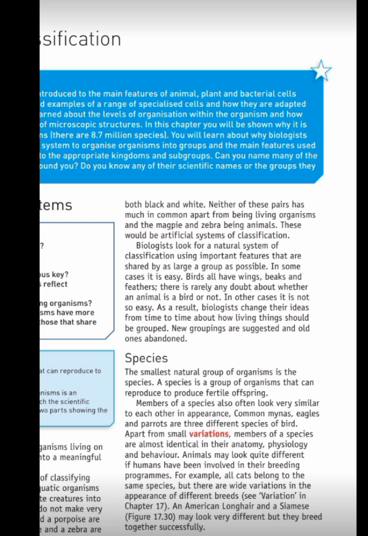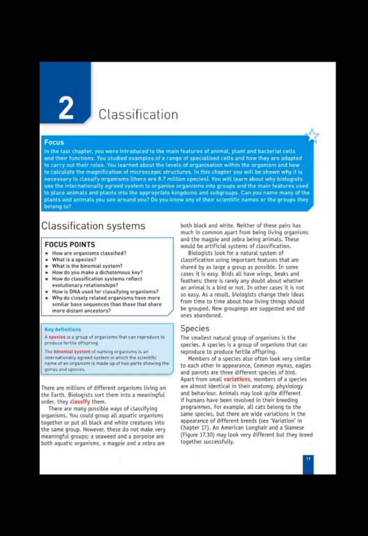So both the cats are classified into the same species. So this is the basic concept of species: we classify on the basis of similar structures and behaviors, but if they can interbreed and produce fertile offspring, they are included in one species, and these differences are known as variation.